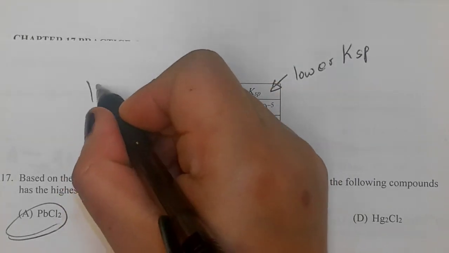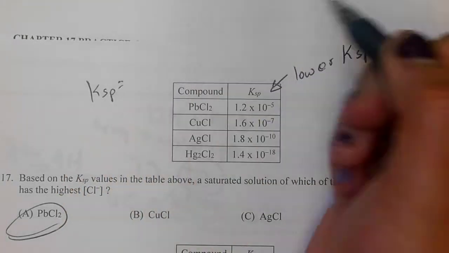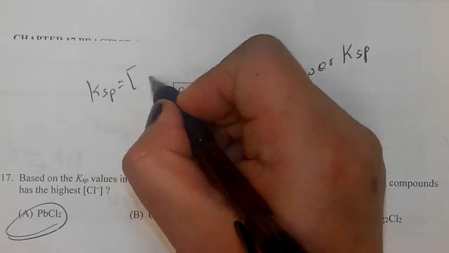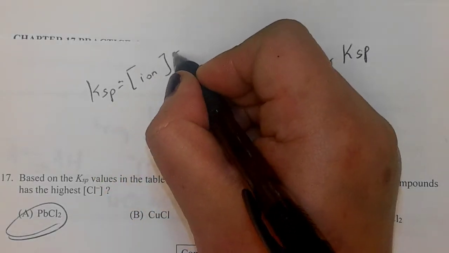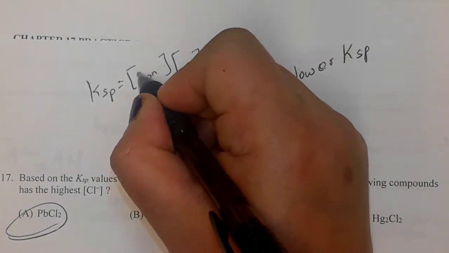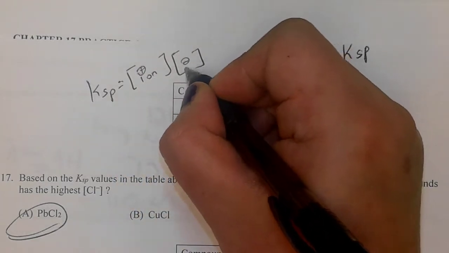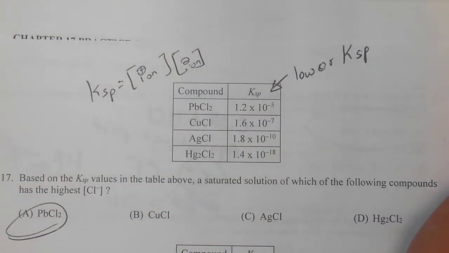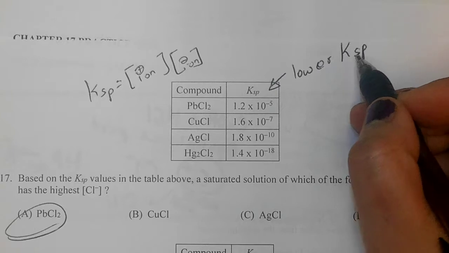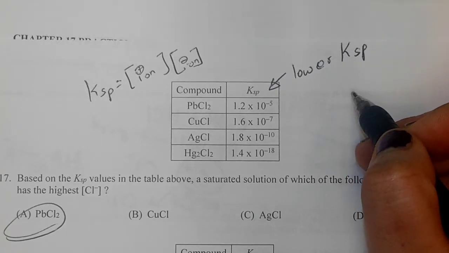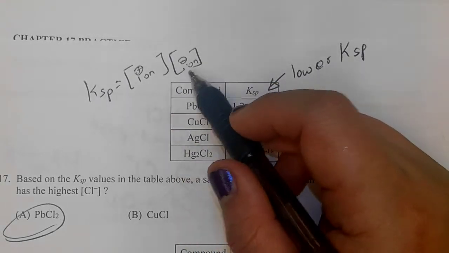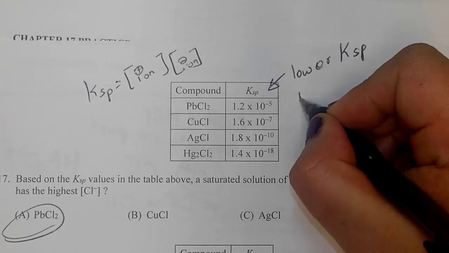How do you write the KSP equation? Concentration of ions, right? Cations and anions, your plus ion and your minus ion. Agree? That's how you write it. So the lower KSP means what? The fewer ions you have, so that means less soluble, right?